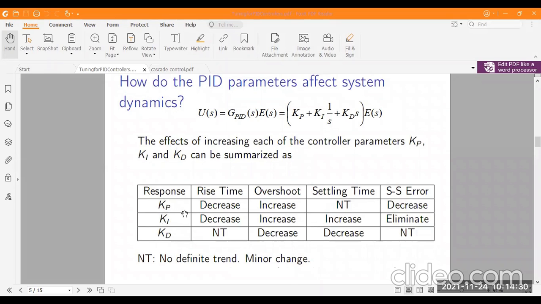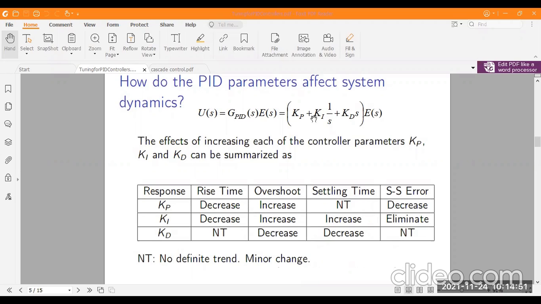For the integral controller, rise time always decreases, same as the proportional controller. Overshoot also increases, and settling time gradually increases.